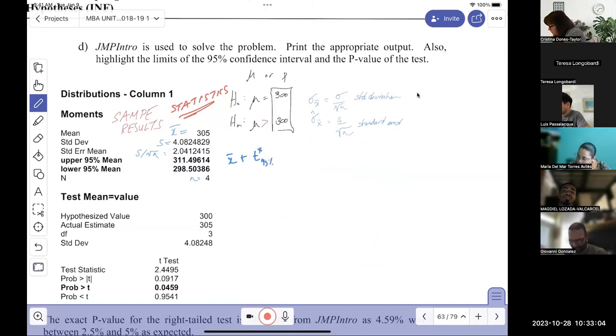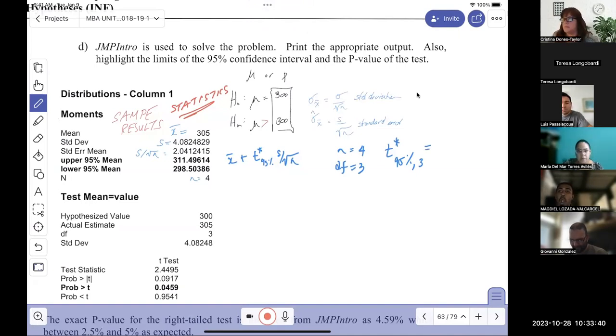So go find that for me, times S over root N. Not 1.96, but the T for 3 degrees of freedom. N was 4, so degrees of freedom is 3. So you have to go and get 3.182, I think.